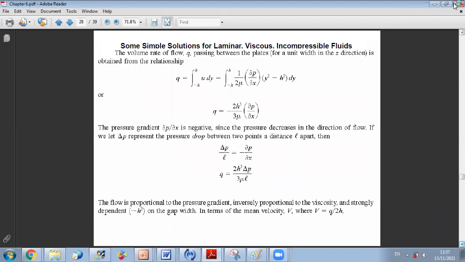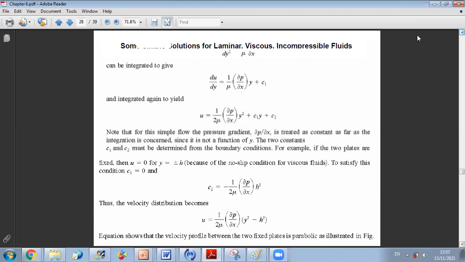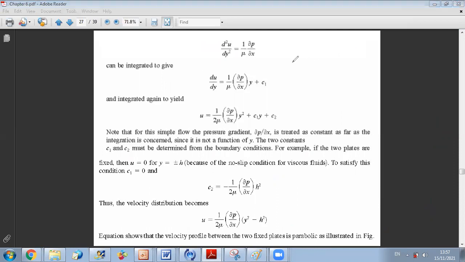So first, 1 second. Okay. So if I do the first integration, I'll get the following. We have that the second derivative. Why are we writing d, not del? Because u is only a function of y, so you can represent the del symbol by d.